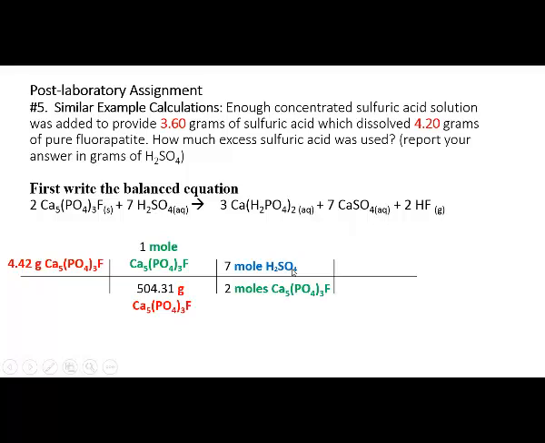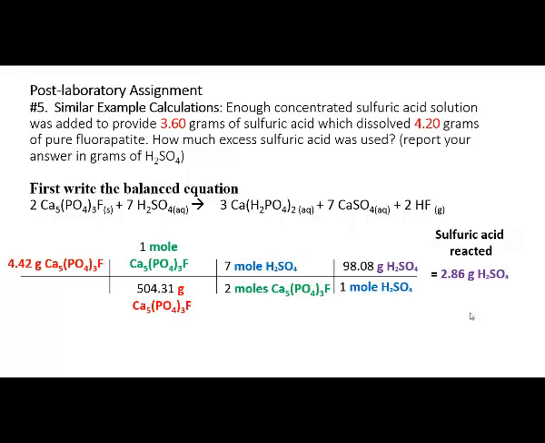Once I have my moles of sulfuric acid that I need, I can calculate the grams of sulfuric acid by multiplying by the molar mass of sulfuric acid. So 1 mole of sulfuric acid has a molar mass of 98.08 grams of sulfuric acid. So the sulfuric acid that would have reacted would equal 2.86 grams of sulfuric acid.